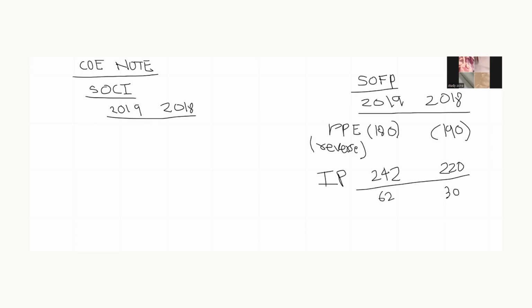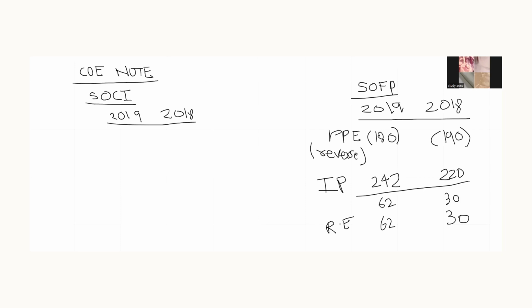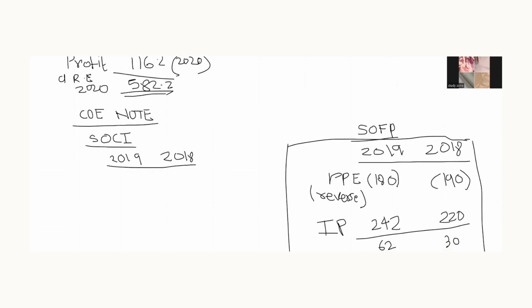So basically, this is also our retained earnings. You just have to copy it through, 62 and 30. So this is an SOFP extract.